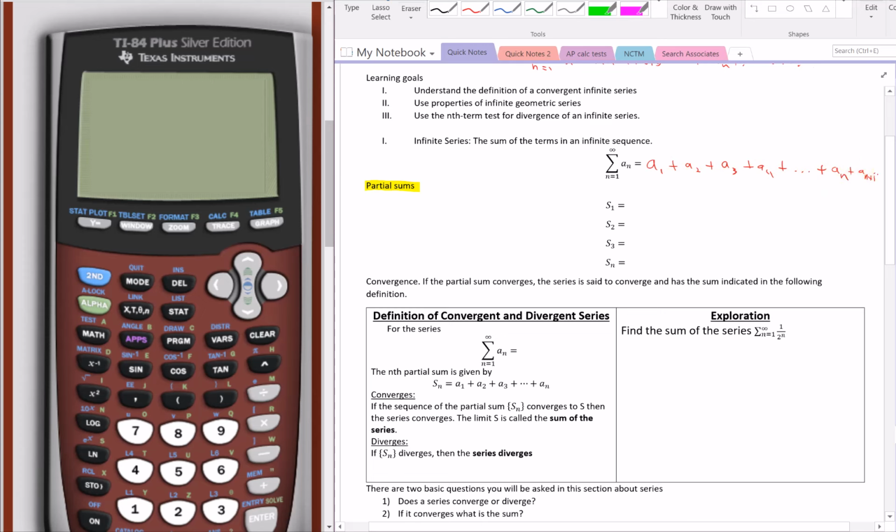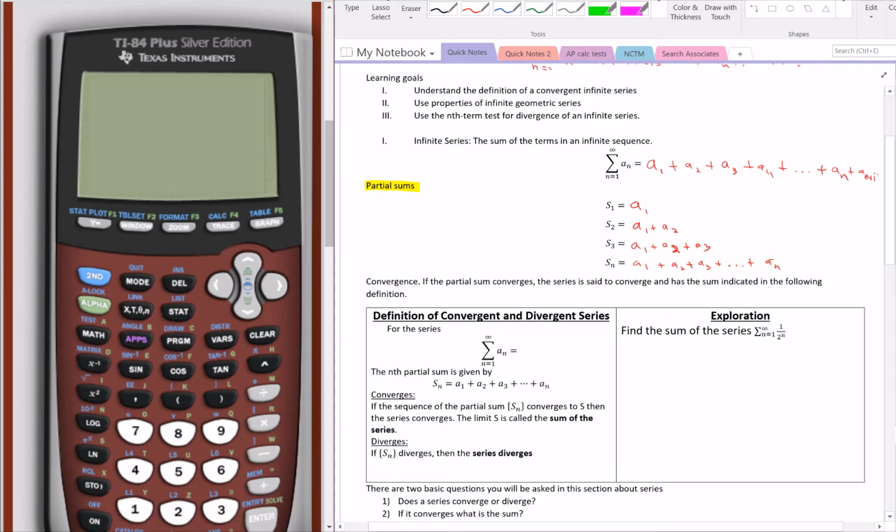It doesn't ever stop. But the partial sums are: S1 is the sum of the first one term, S2 is the sum of the first two terms, S3 is the sum of the first three terms, and Sn would be the sum of the first n terms, whatever you choose n to be. Maybe it's 100.